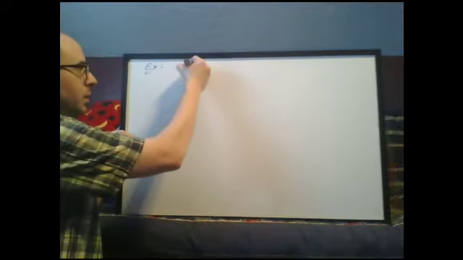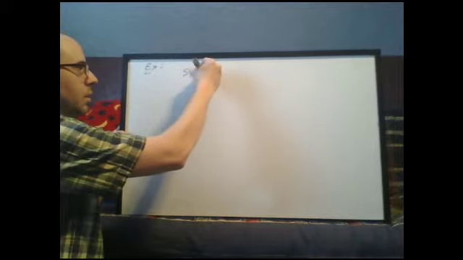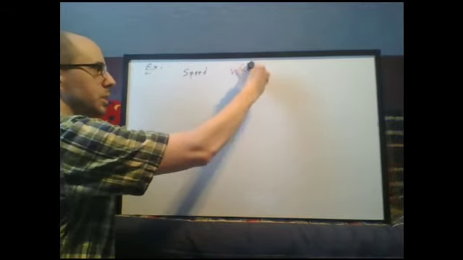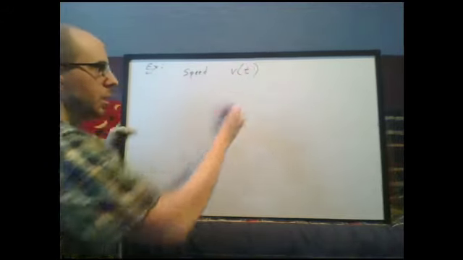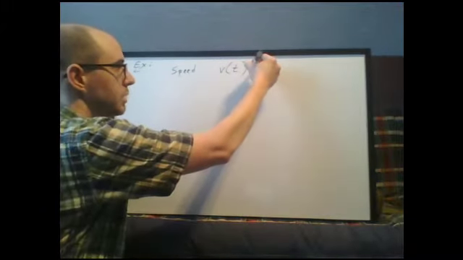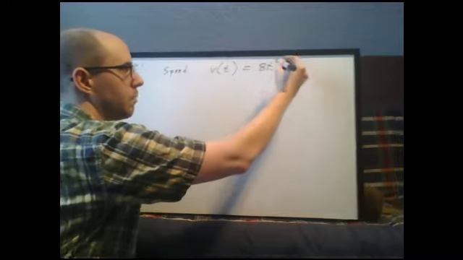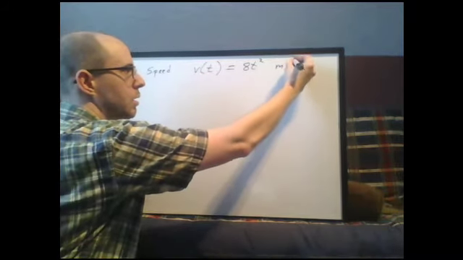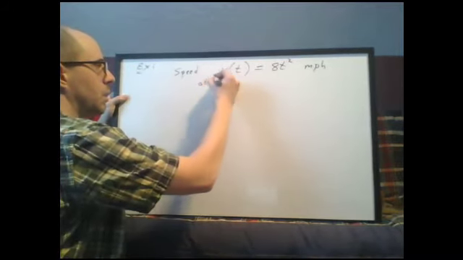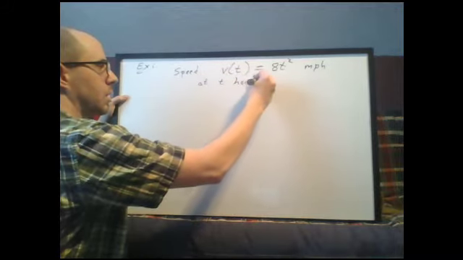So suppose I'm driving the car and my speed or velocity function is v of t equals 8t squared miles per hour at t hours.